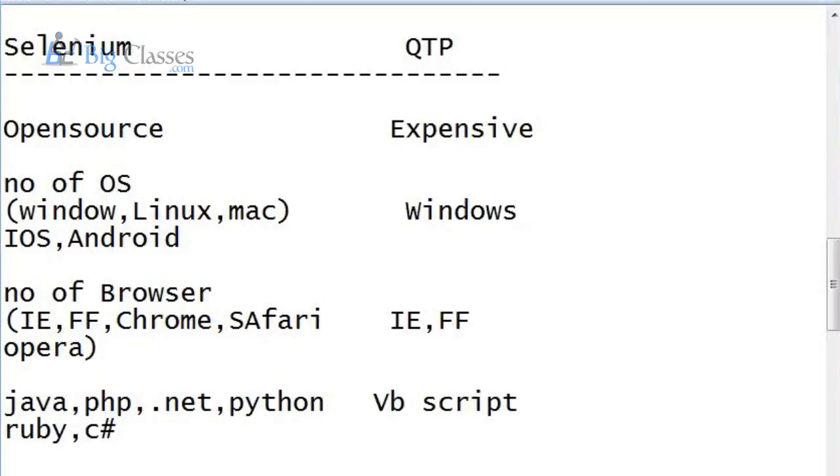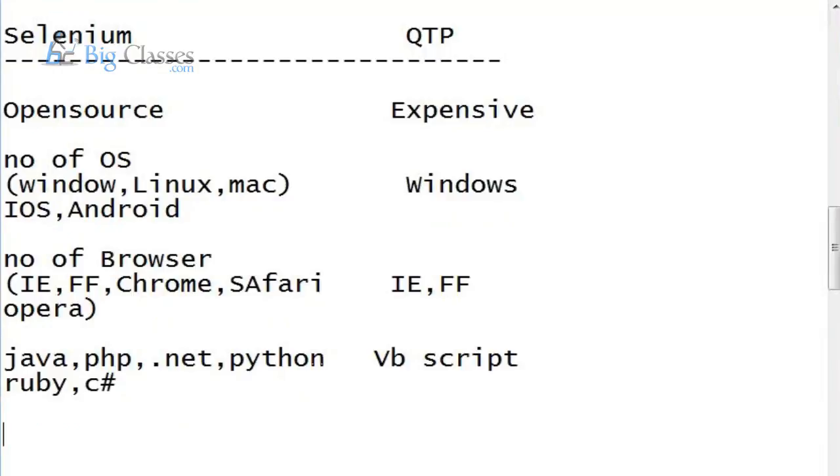Understand this: you can write the script using Java, PHP, .NET, Python, Ruby, or C Sharp. By using any programming language we can write the script under Selenium, but in QTP we should use only VBScript. It doesn't support other languages.